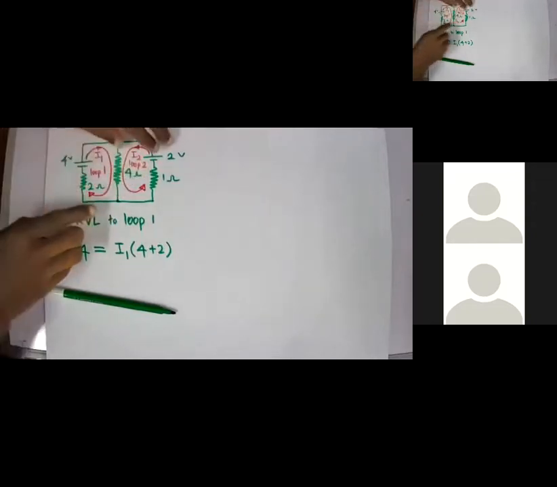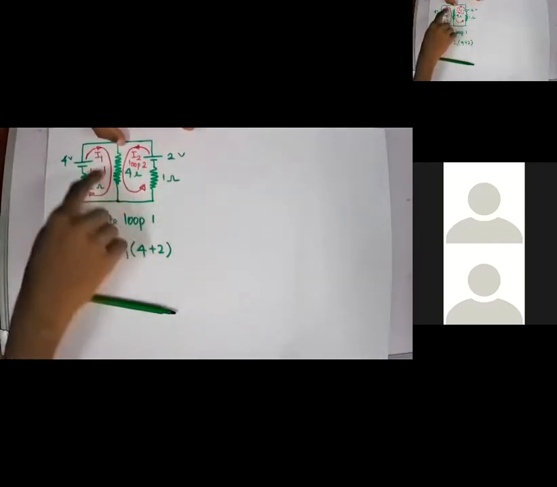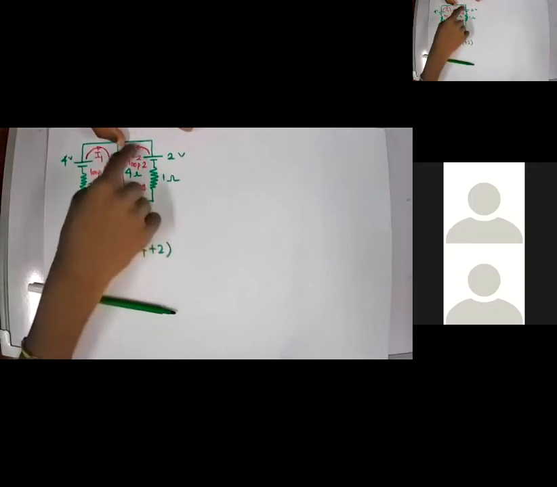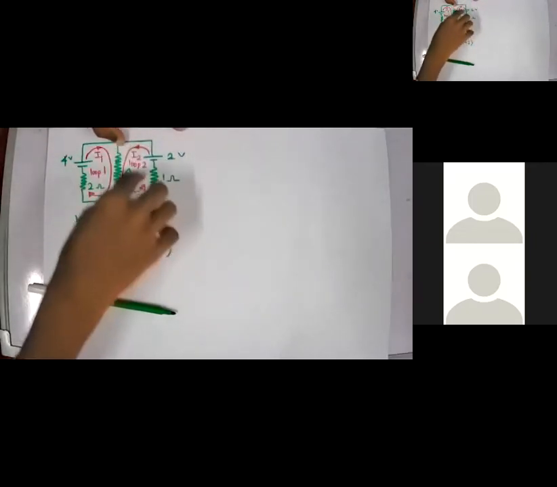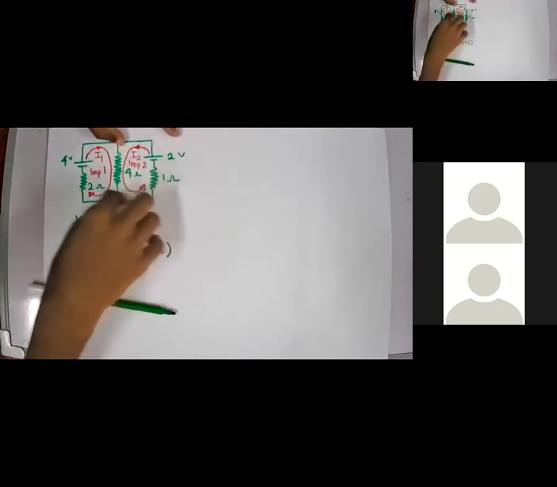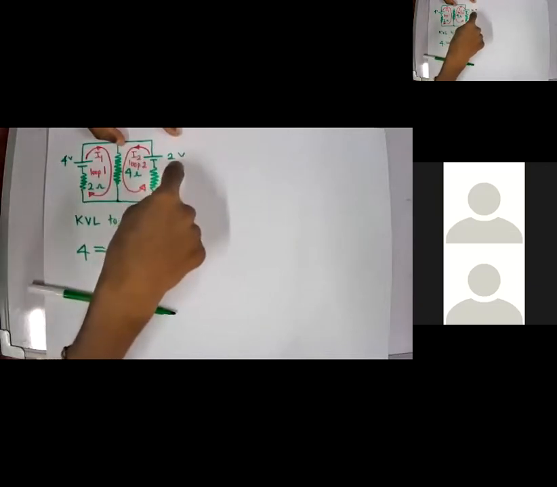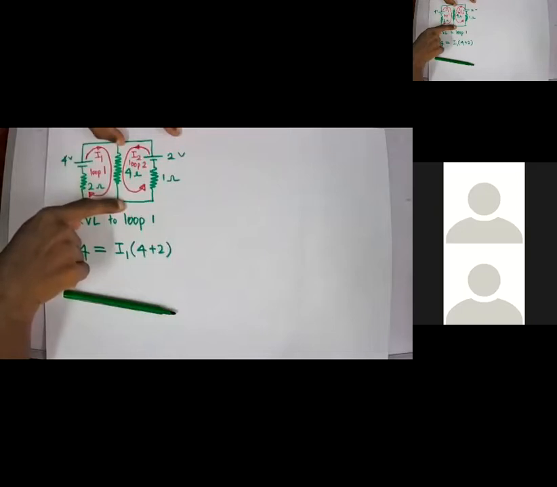Clear? If you mark the loop in the other direction, then you need to consider the current through the 4 ohm resistance as I1 minus I2. Here, I make it in a way that the current is flowing from plus to minus, right? If you put it the other way around, the battery will be minus, but the current through the branch will also be minus, right?